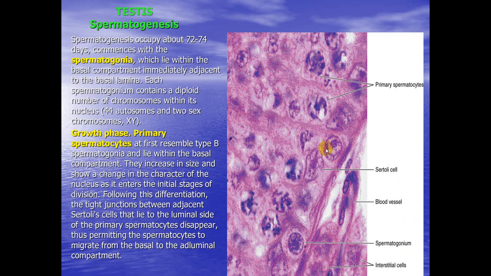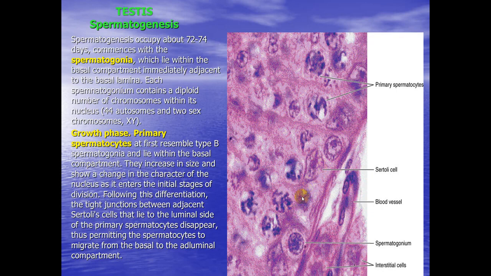It is spermatogonia. Spermatogonia are the next step of development after the gonocytes, primordial sex cells.